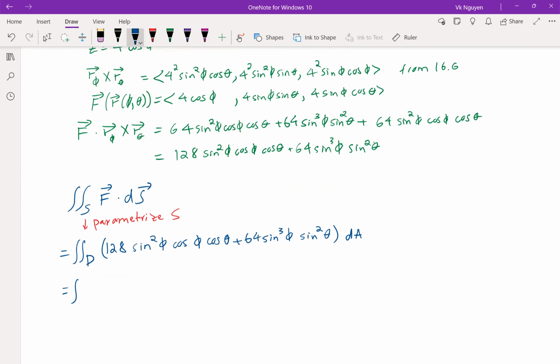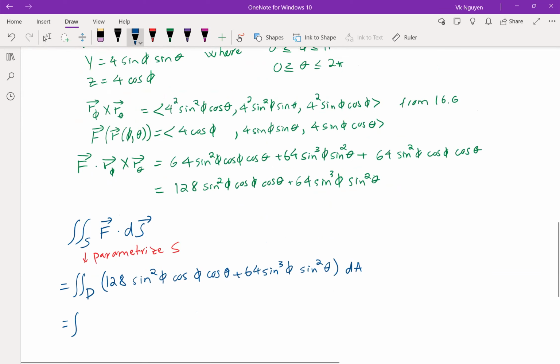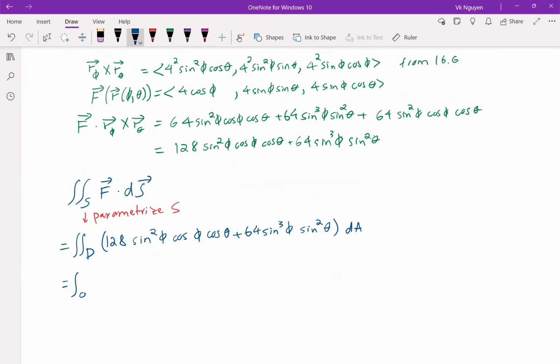Replace the limits right away: 0 to 2 pi, 0 to pi.